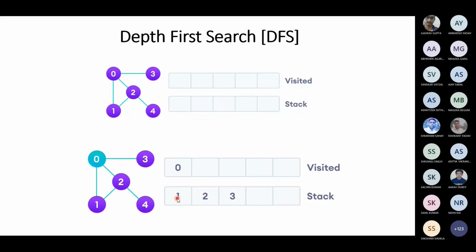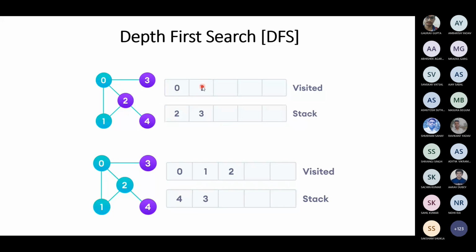Then you visit node 1, and you push the nodes which are its edges. 1 has edge 2, which is already in the stack, so there is nothing to add. 1 also has 0, which you already visited and marked. So you finished with 1.